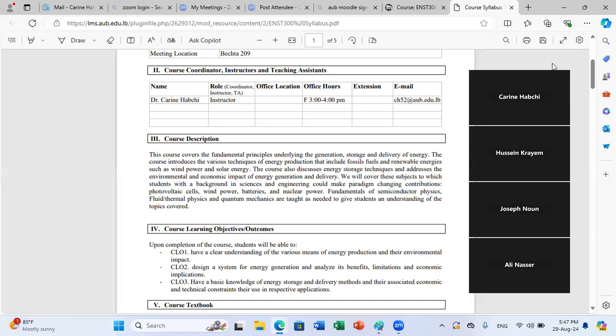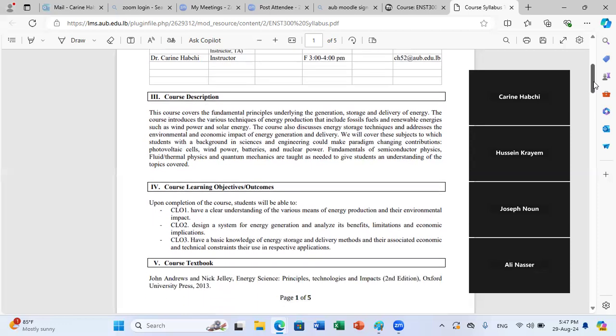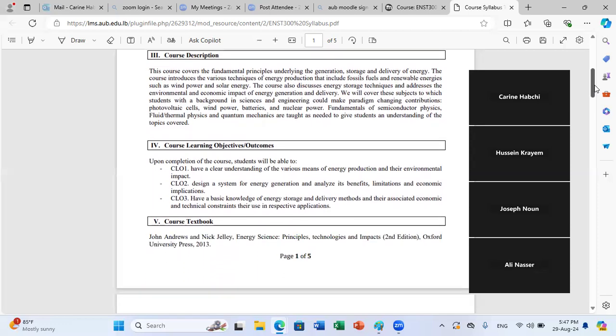Now, you have in the syllabus a description of the different learning objectives and outcomes. Hopefully at the end of the course, you'll have a clear understanding of the various means of energy production and, as we discussed, their environmental, social, and economic factors.